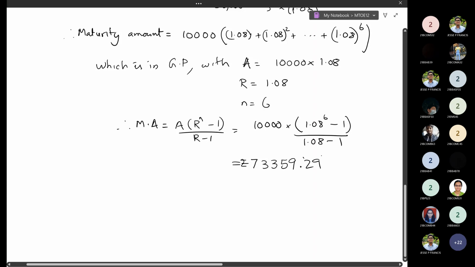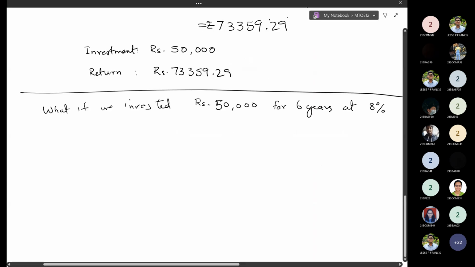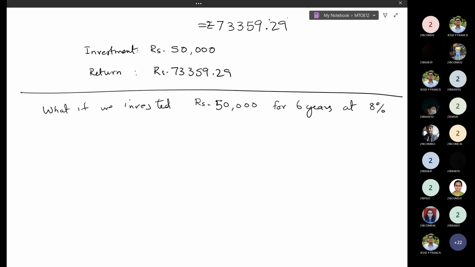What if we directly invested compound interest of 50,000 for 6 years at 8%? What would be the return?